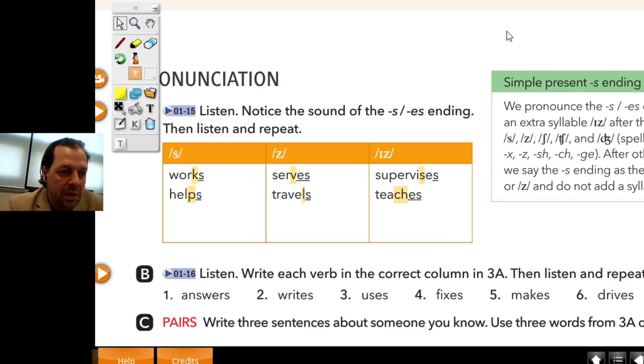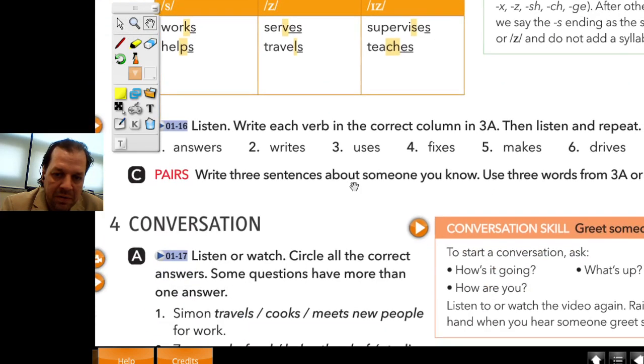Okay, so in those cases, you can listen again and again if you'd like, but you hear the S sound, the Z sound, or the extra syllable iz sound. Where do these words belong in each column? So you can try listening carefully to find the answers.